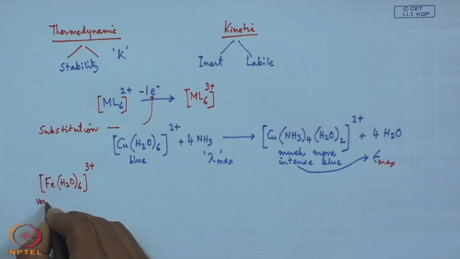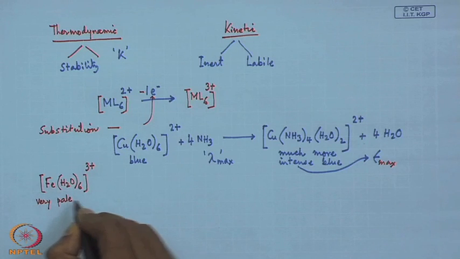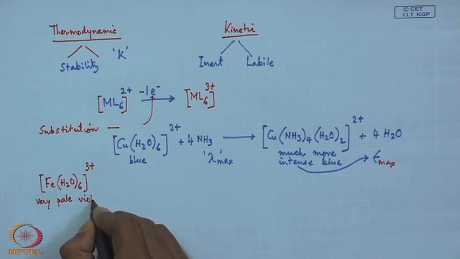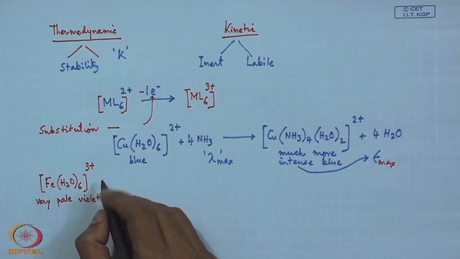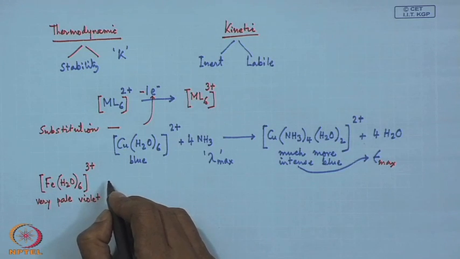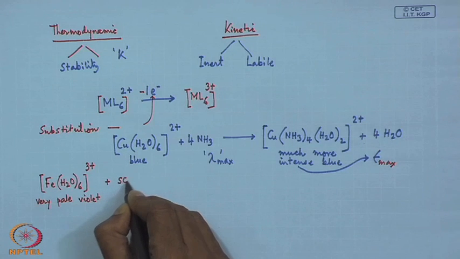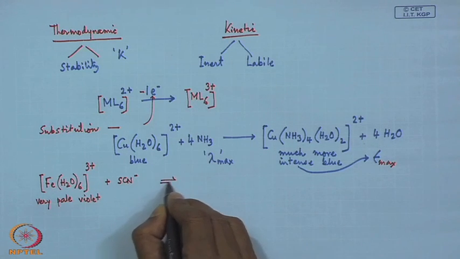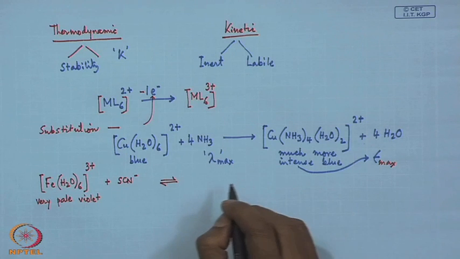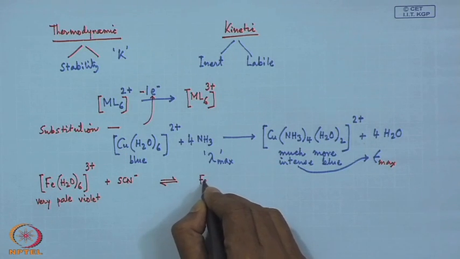So, very pale, very light violet in color, which reacts with thiocyanate anion, and this reaction is in true sense reversible in nature.